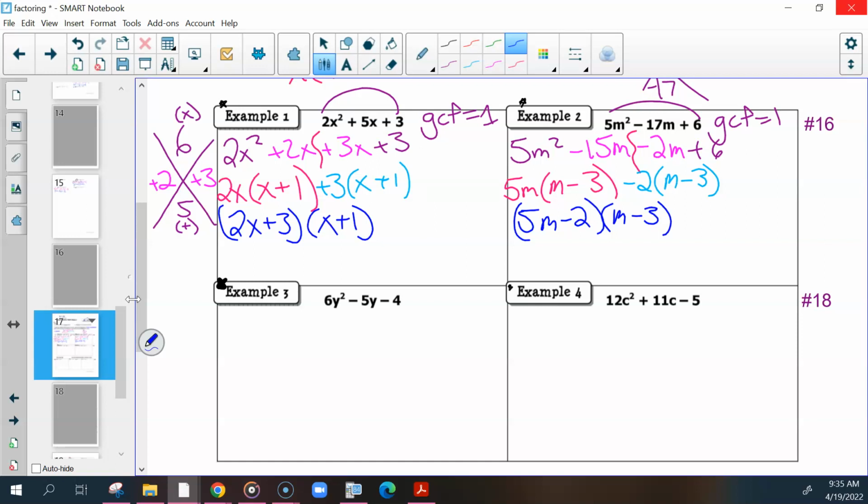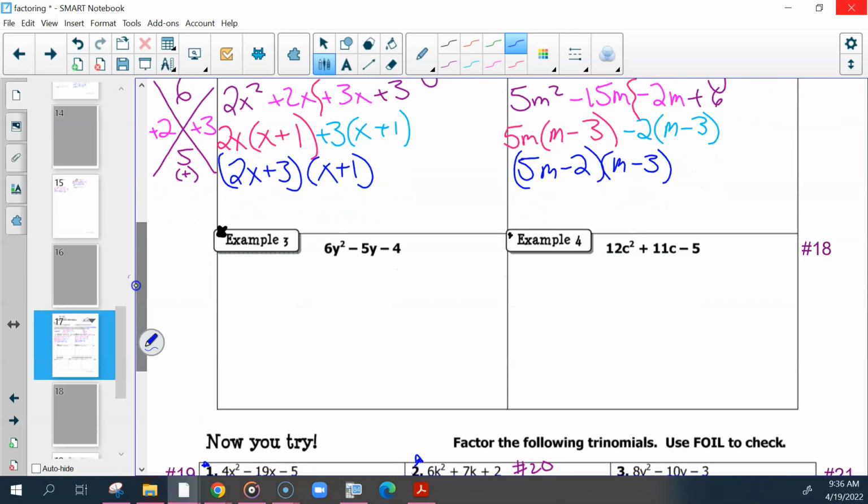Other questions on that one? What is the GCF for example 3? 1.